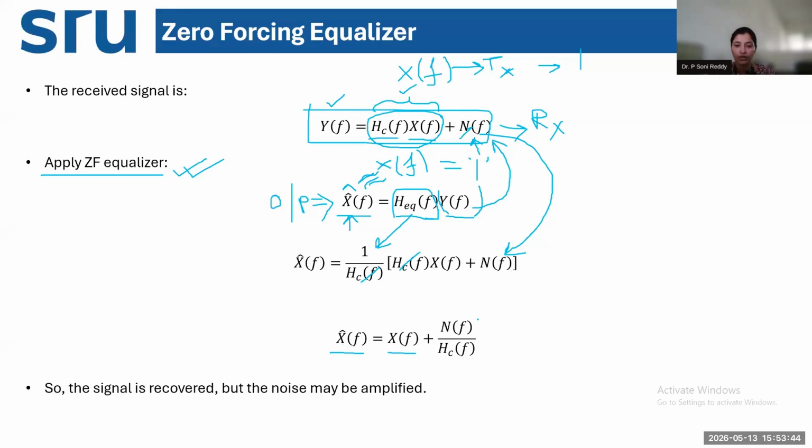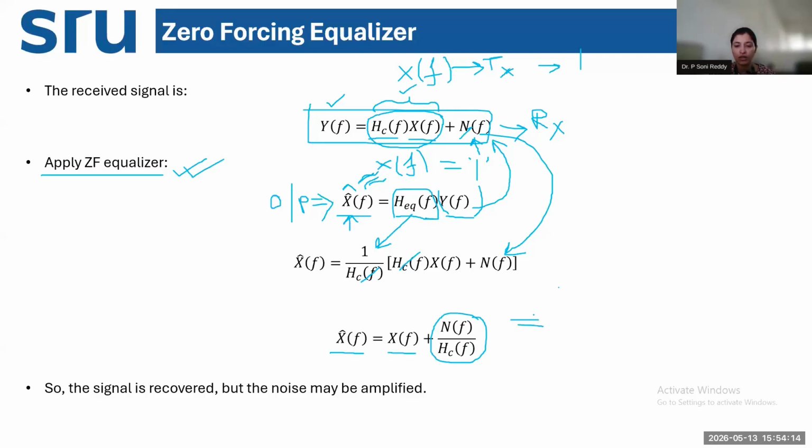Along with this, you have one constant factor, which is nothing but noise divided by your channel characteristics. So now what we are trying to do is negate the effect of the channel characteristics. That means I want to make the effect of the channel characteristics as low as possible so that my output signal can be regenerated.